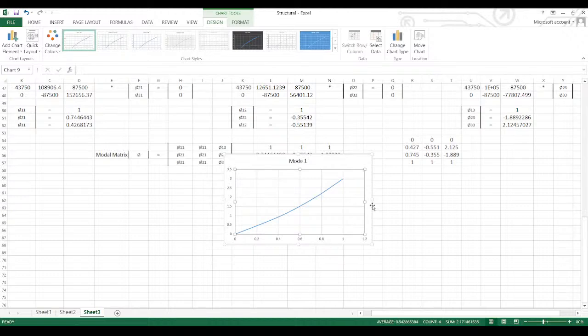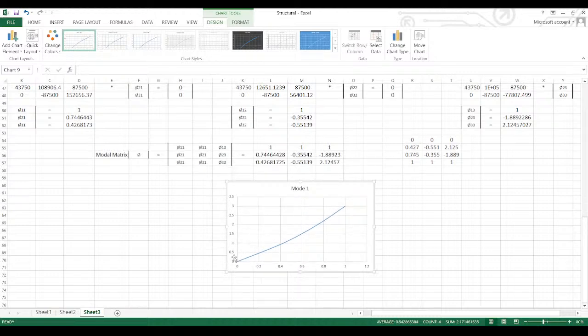At 0 0, at 1 we have got 0.4. Okay, at 2 we have got 0.7. Okay, at 3, 1. Okay.